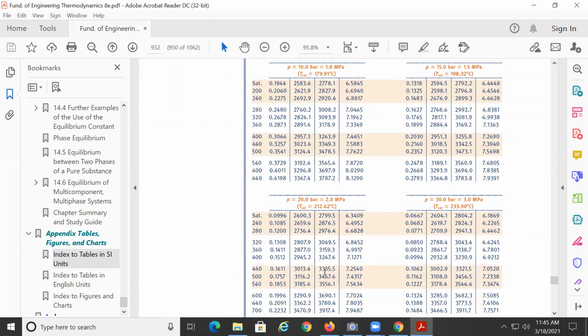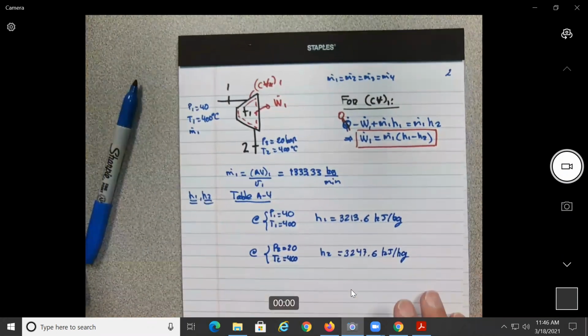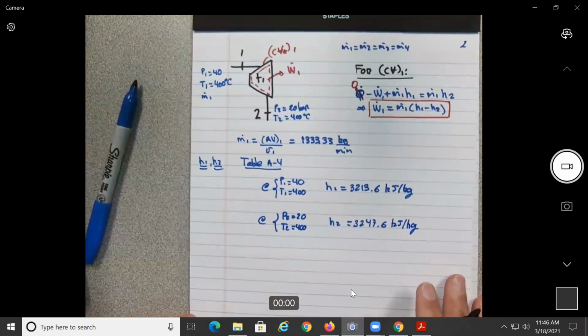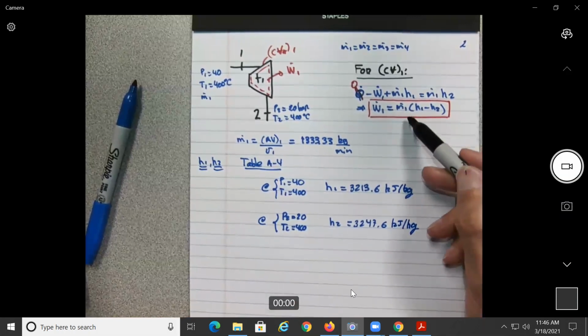So at 20, 400, we'll have 3,247.6. Okay, so we have the data, but maybe we can do everything together. No, the final application we do at the end. Or rather, calculate now the work for one. I mean, let's do it now.